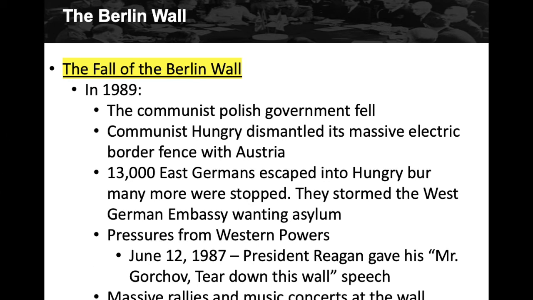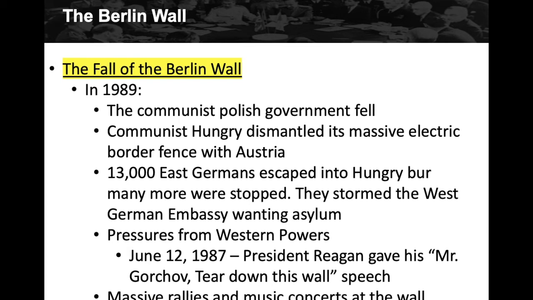Communist Hungary dismantled its massive electric fence that bordered Austria. So Austria and Hungary border each other, and there was this massive electric fence that was built, and they started taking that down. In 1989, 13,000 East Germans escaped into Hungary, but many more were stopped. They stormed the West German embassy wanting asylum.